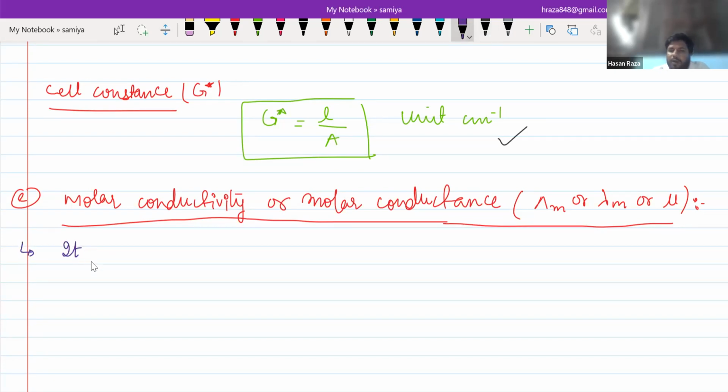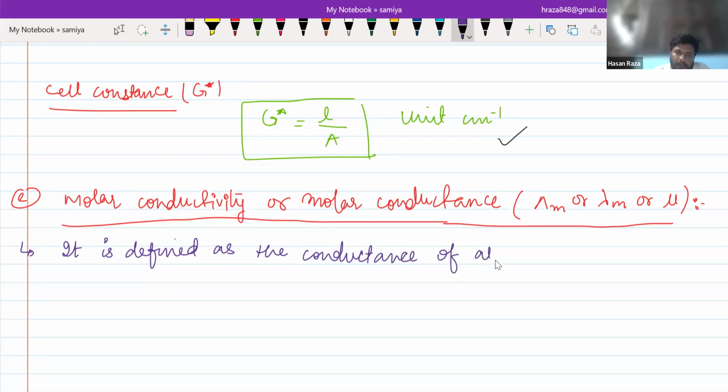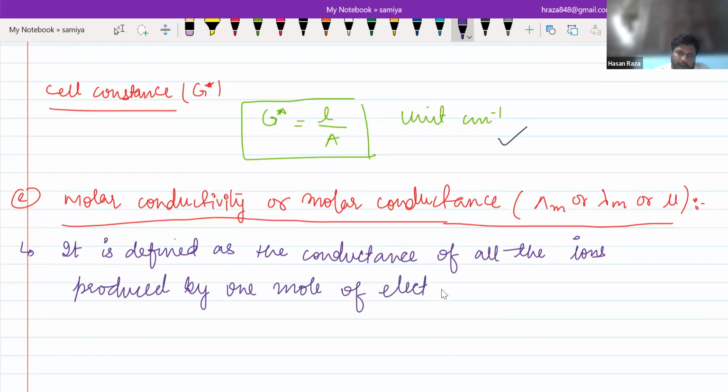Molar conductivity or molar conductance is defined as the conductance of all the ions produced by 1 mole of electrolyte present in the given volume of solution.